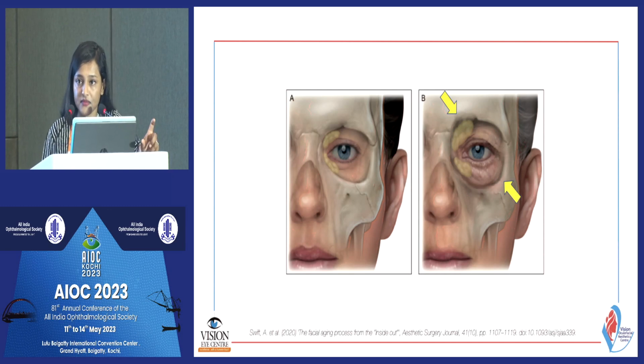Similarly, with respect to the bone resorption around the orbit, which is more important from the point of view of the oculofacial surgeon, it occurs mainly in the inferolateral and superomedial regions. So these are the areas which primarily need augmentation.